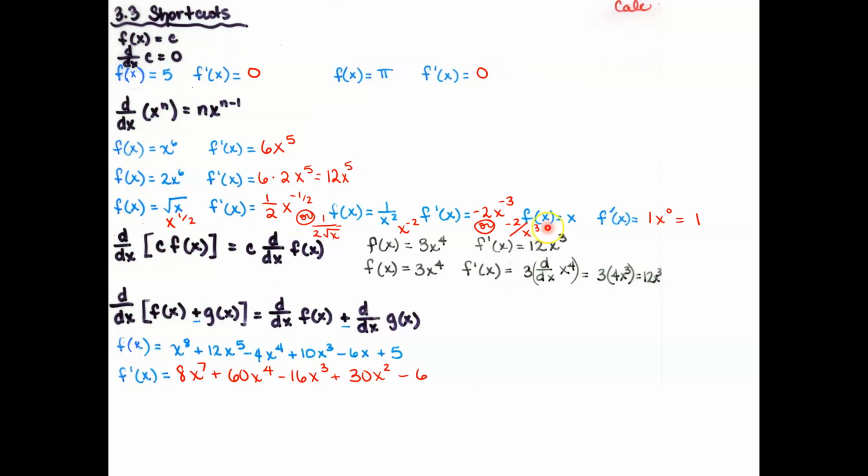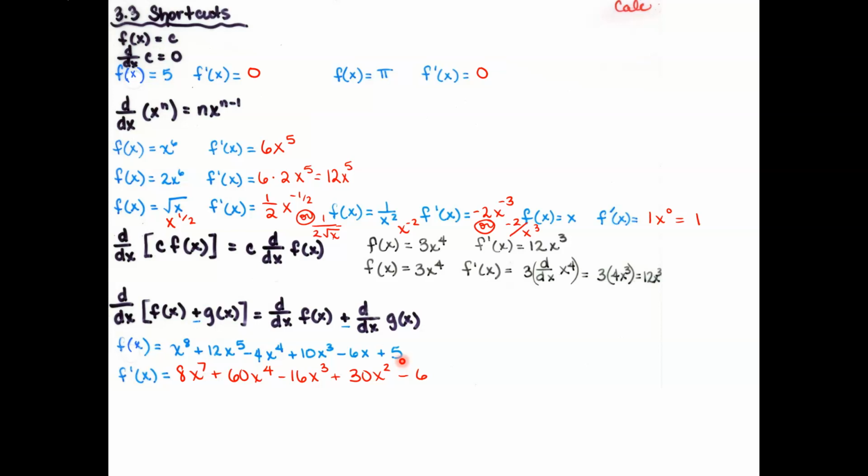And remember, we saw that the derivative of x was going to be 1. So another way to look at this is we could say the derivative of x is 1 and then multiply that by that coefficient of 6. All right, and then the derivative of 5 is going to be 0 because the derivative of any constant is 0.